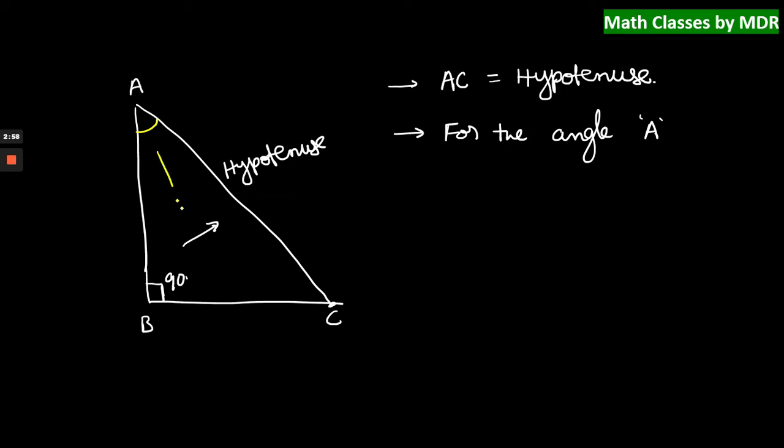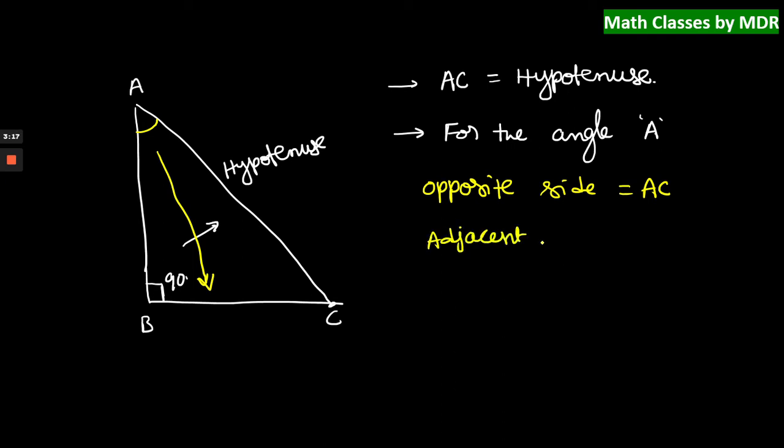Yes, BC will be the opposite side to the angle A. The other side is automatically the adjacent side to A, that is AB, because it is passing through A, right?